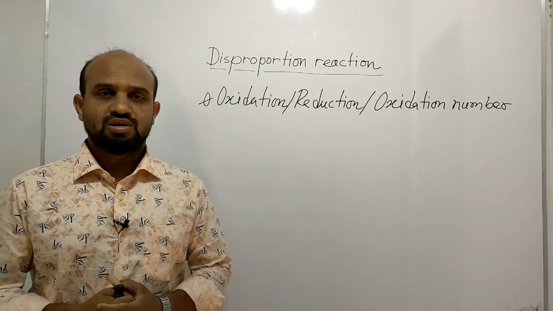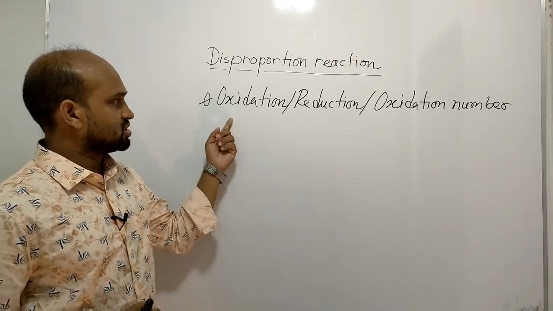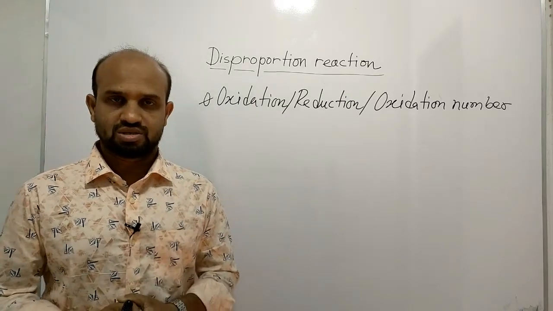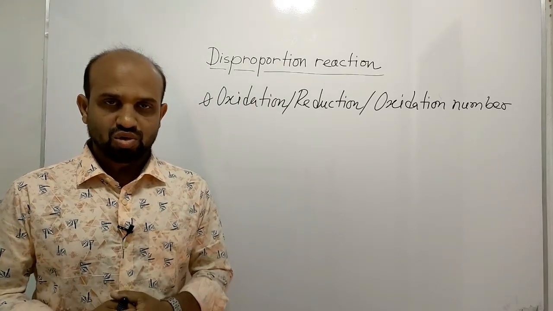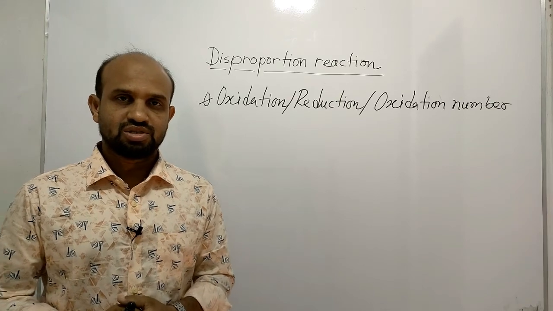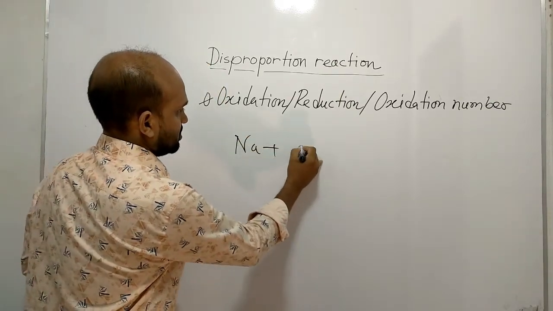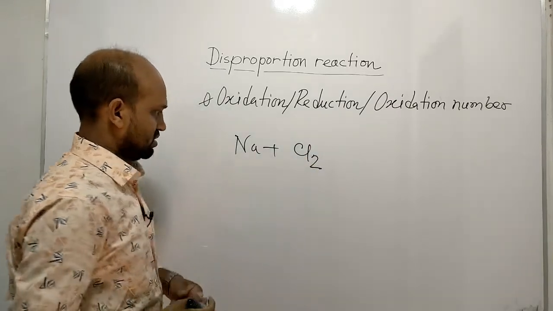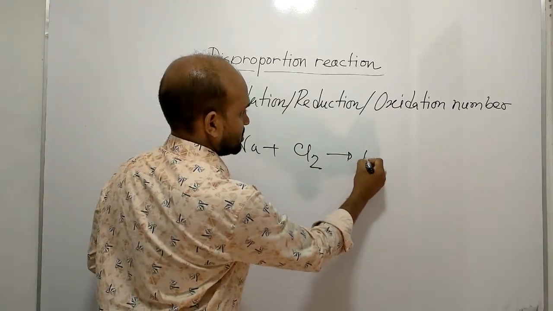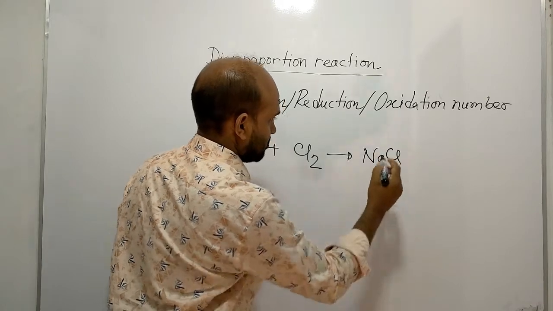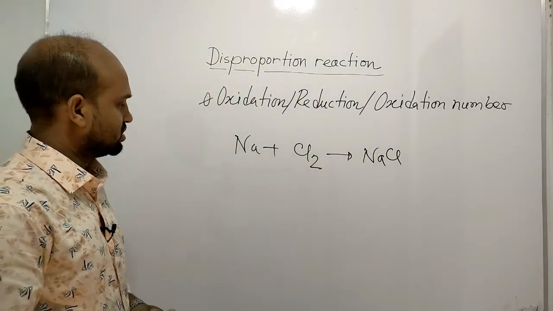First of all, let's learn oxidation, reduction and oxidation number. To know these, let's consider a chemical reaction between sodium and chlorine. From this reaction, sodium chloride is formed.